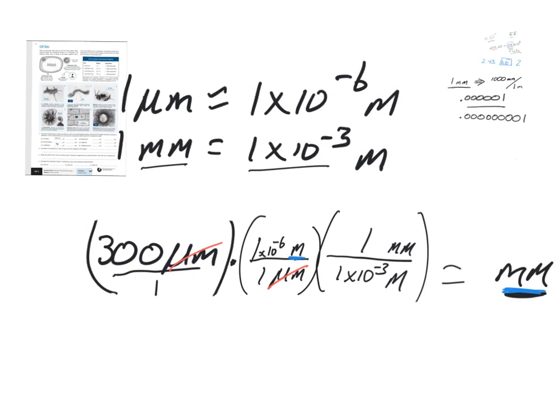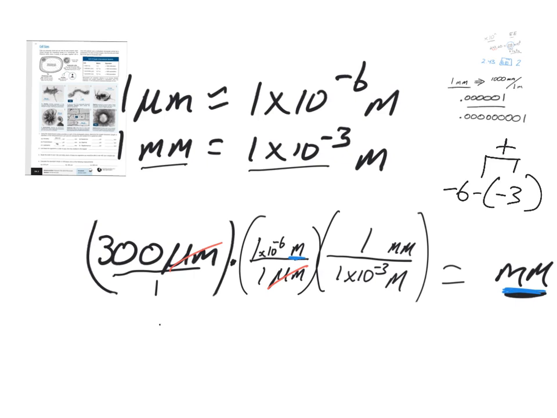So what is negative 6 minus negative 3? Well, I hope you know that this means you're adding, right? Negative 6 plus 3 is negative 3.